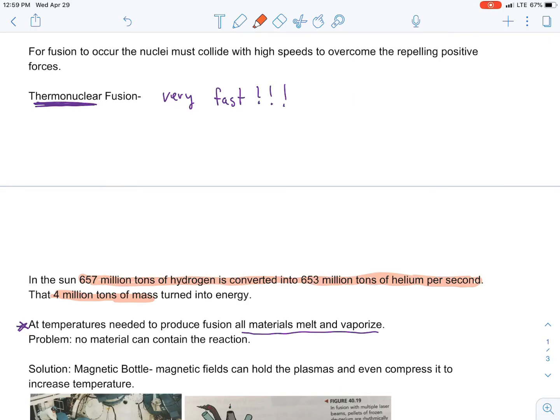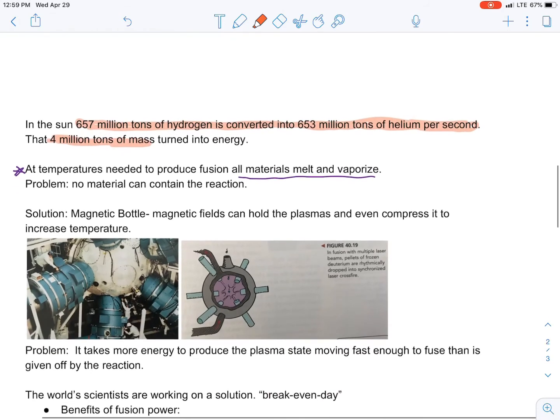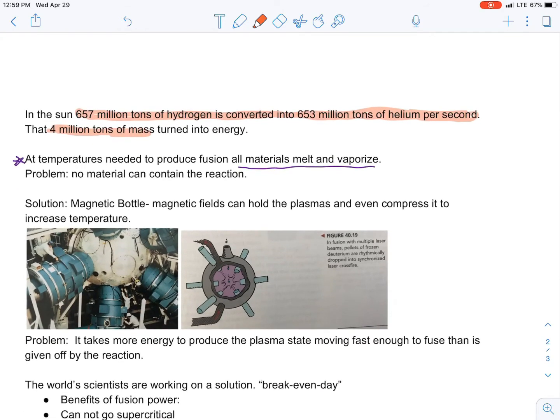Now, the solution to this is the magnetic, not the magic bottle, the magnetic bottle. The only way they can have a fusion on Earth, and we're not talking about the hydrogen bomb, because that also is fusion on Earth, but that's not contained. We'll say it this way: they can have contained fusion on Earth is to have a magnetic bottle.